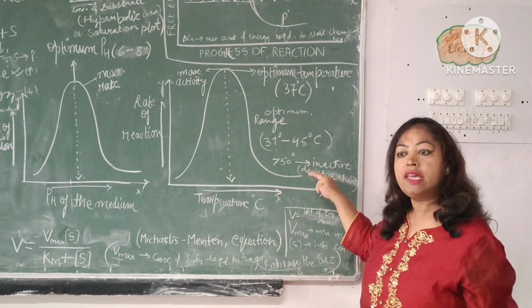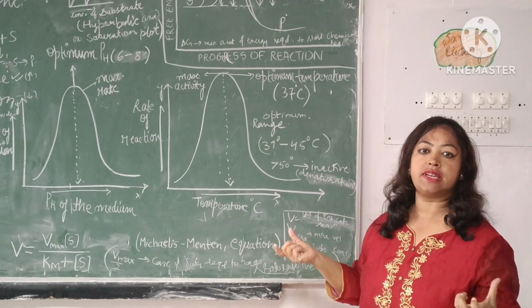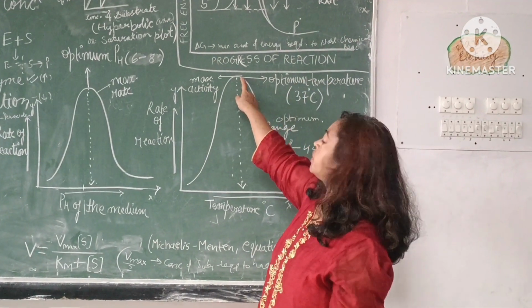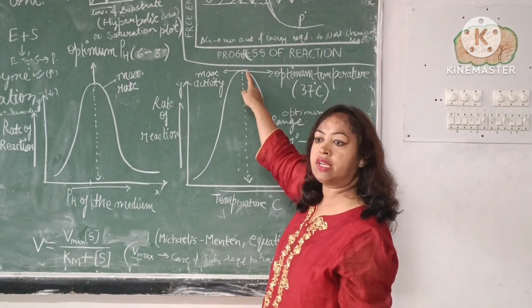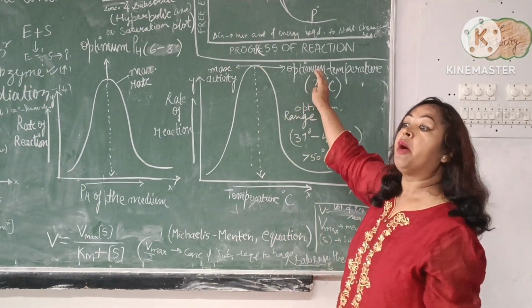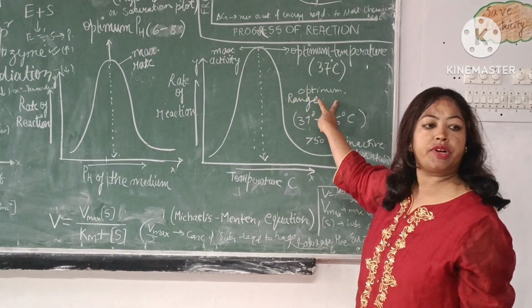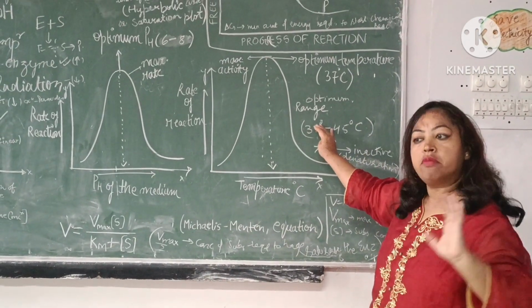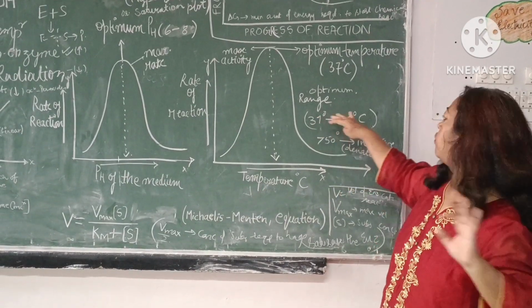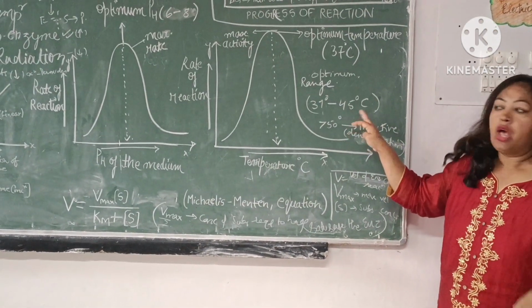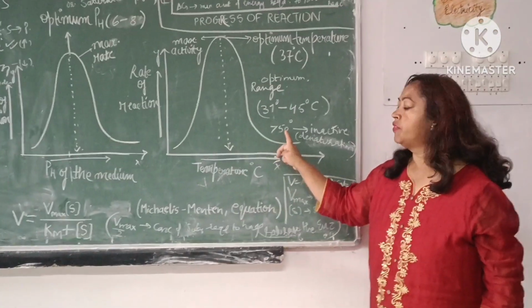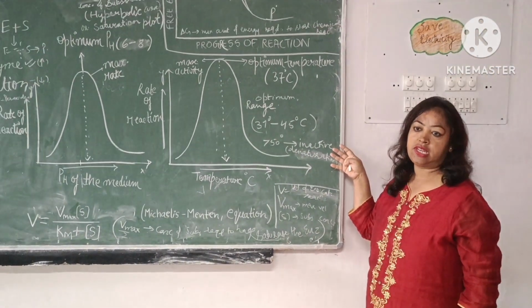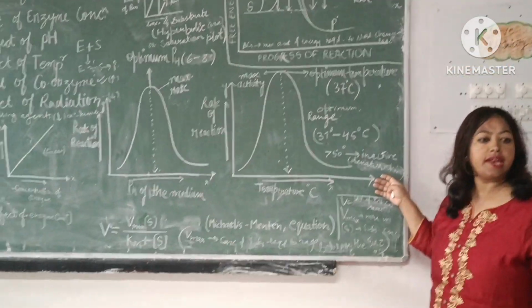It becomes inactive because the structure of the enzyme breaks down. So this is the optimum temperature where the enzyme is showing the maximum activity, which is at 37 degrees. But the enzyme can work in the optimum temperature range, that means from 37 degrees centigrade to 45 degrees centigrade. But after 50 degrees centigrade, the enzyme gets denatured. It becomes inactive.